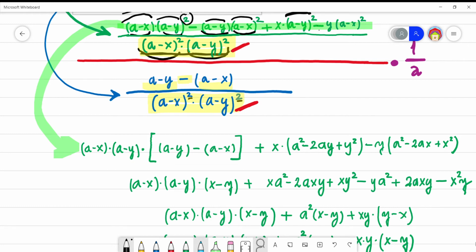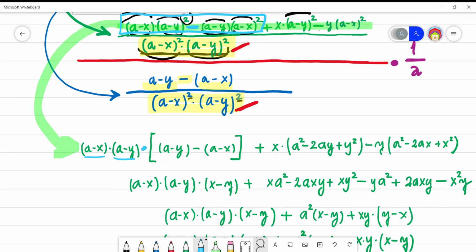So this thing from here to there, I'm going to collect common factors. And common factors in this difference, this is the first part of the difference, and this is the second part. Both of them have got common factor a minus x times a minus y. That's why I take it as a common factor.